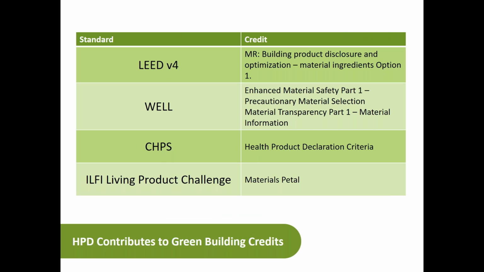As I was mentioning earlier, the HPD does contribute to green building credits, and here are a few. For LEED version 4, we have the materials and resources options 1 and 2, for Green Screen benchmark materials, and WELL Building, Collaborative for High Performance Schools, and Living Product Challenge, as well as Portico.